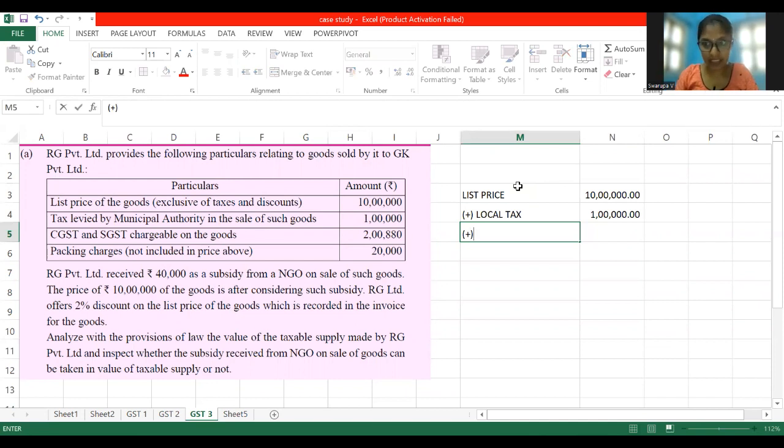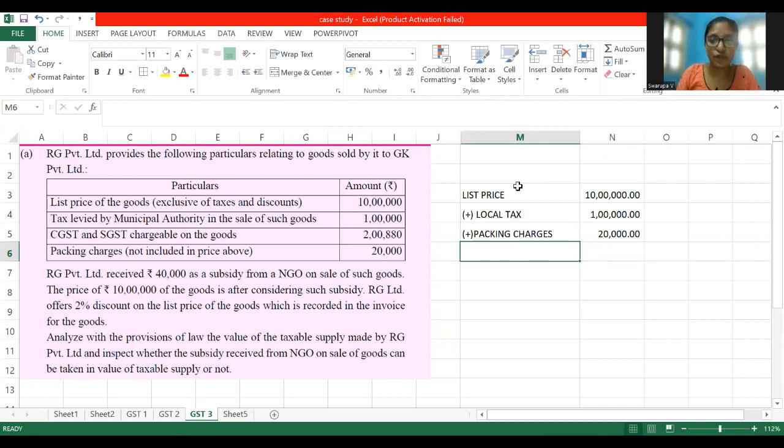Taxes other than GST only has to be added. So GST, CGST, SGST, I need not add in the calculation of value of taxable supply. Packing charges, incidental expenses, and hence I will add it.